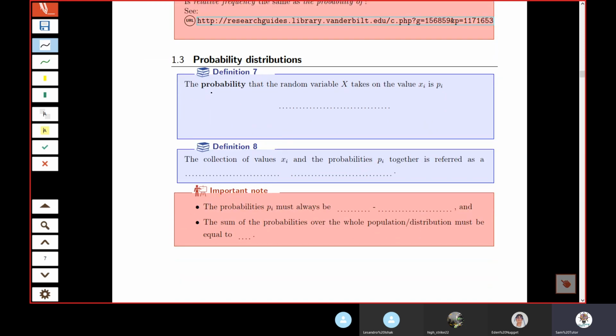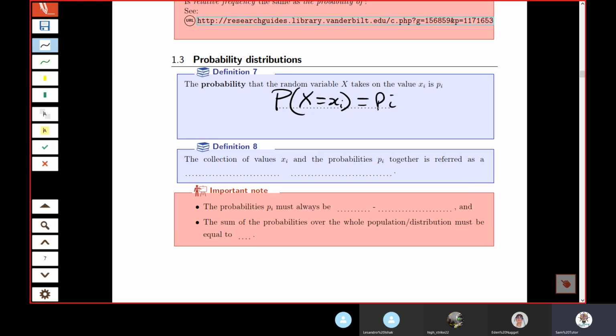All right, the probability that a random variable x takes on the value xi is pi. Now that sounds pretty fancy, but this is how you start seeing it: the probability of x equal to little x is equal to the probability pi. So it's just trying to say the probability of an event occurring is some sort of probability.